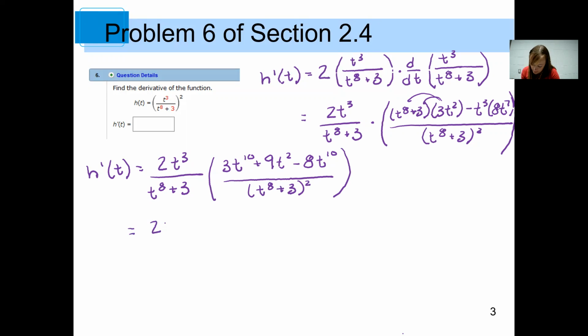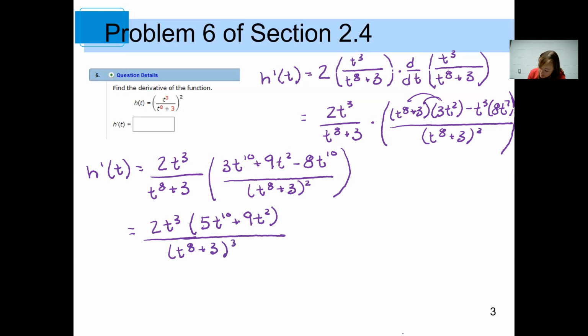And then it's kind of just some algebra simplifying and things like that. We can combine like terms. I definitely have a 3t minus an 8t. Those are like terms. So when I combine 3t to the 10th minus 8t to the 10th, I get a negative 5t to the 10th plus a 9t squared. And then I have all of this over t to the eighth plus 3 to the third.